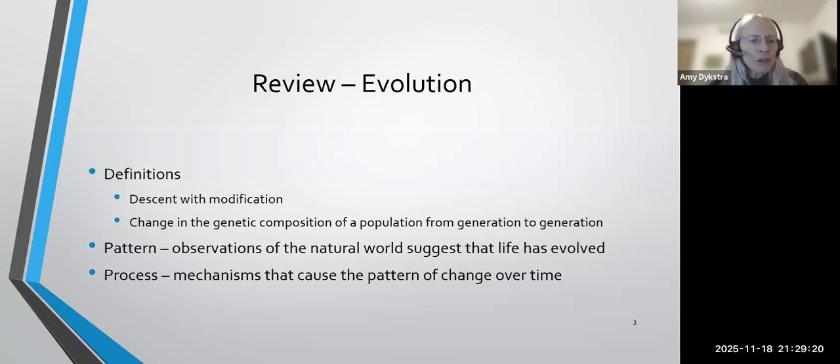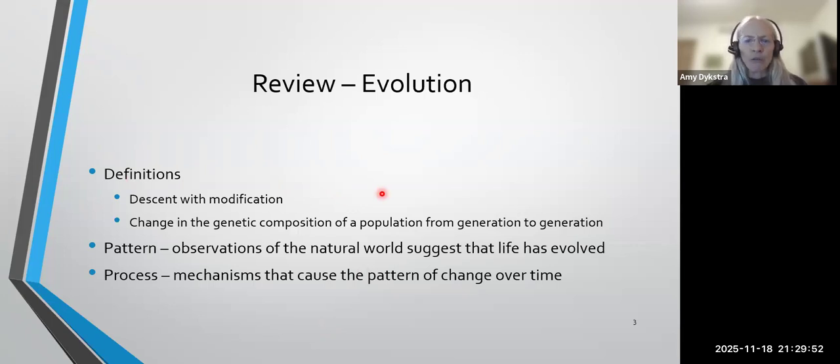So just to review, in a previous video, we provided a couple of definitions of evolution. First definition is descent with modification, and this was one of Darwin's big contributions, the idea that organisms that are alive today have descended from previously living organisms, but with modification.